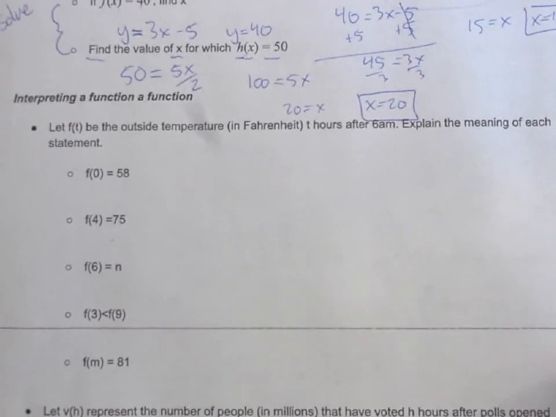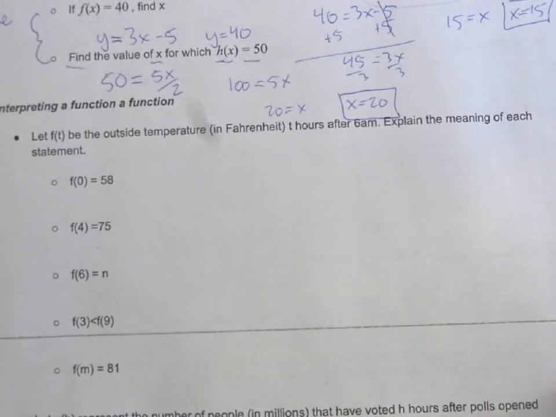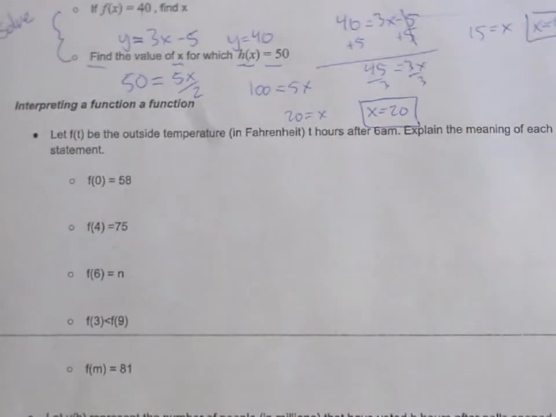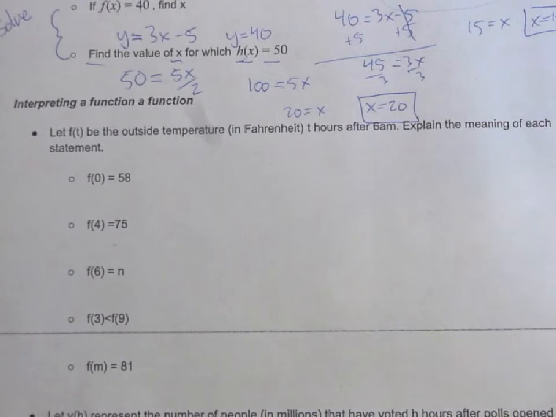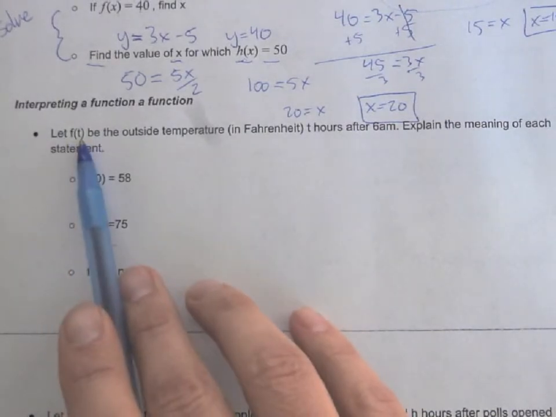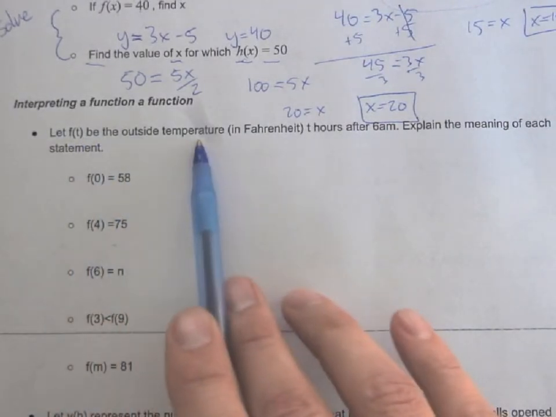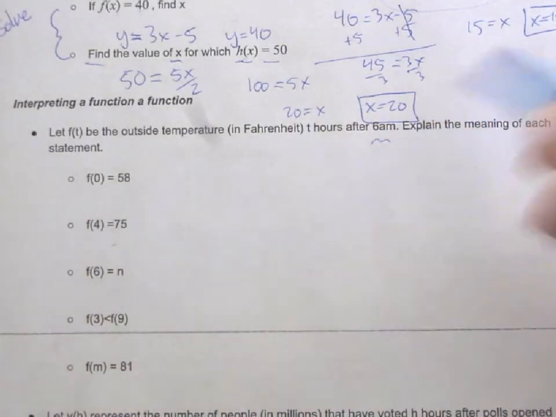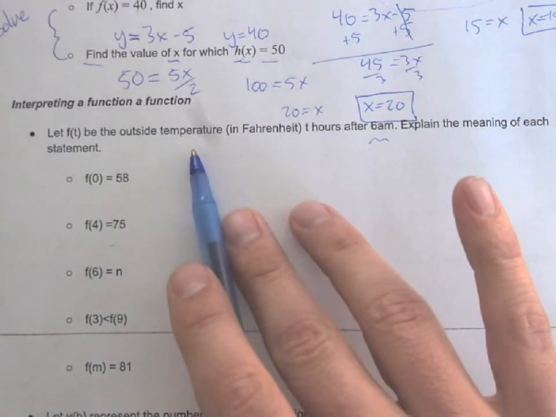This next one is just interpreting functions. In a real world scenario, basically reading a mathematical statement and translating it into real life. So in this case, f of t is a function, and it's the outside temperature in Fahrenheit t hours after 6 a.m. So some time goes by, the temperature changes.